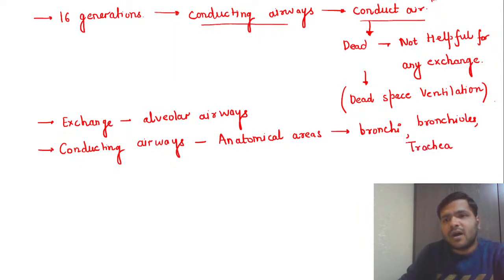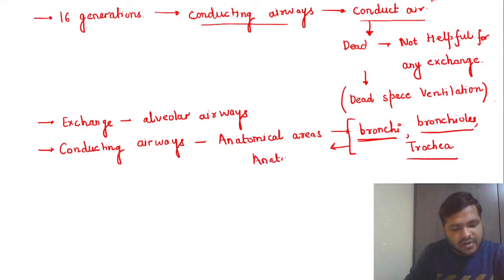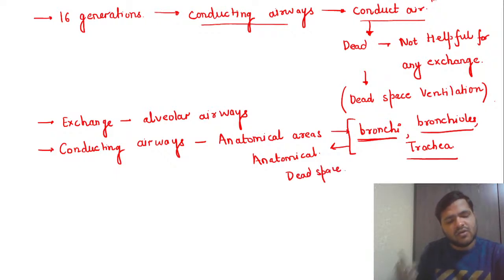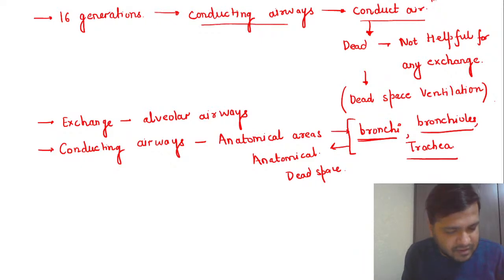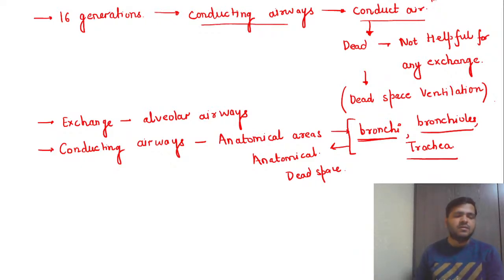These three parts, the bronchi, bronchioles and the trachea, are commonly called the anatomical dead space.